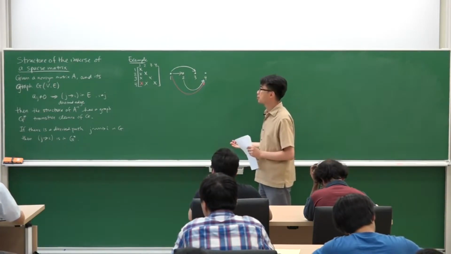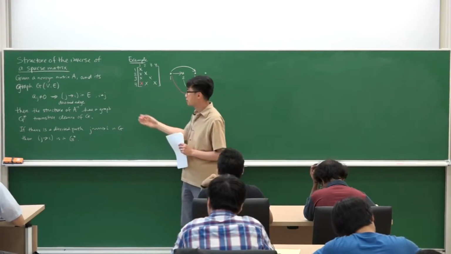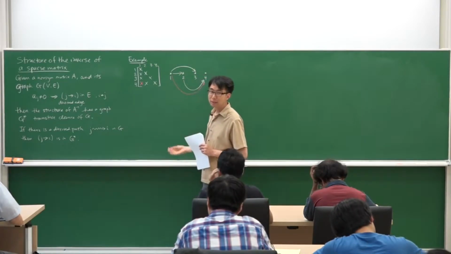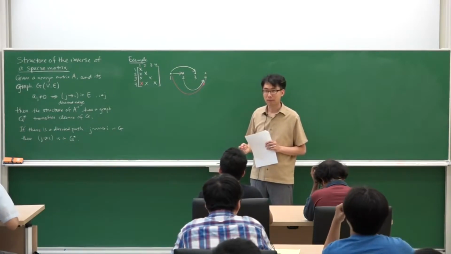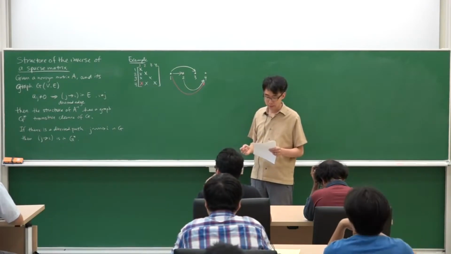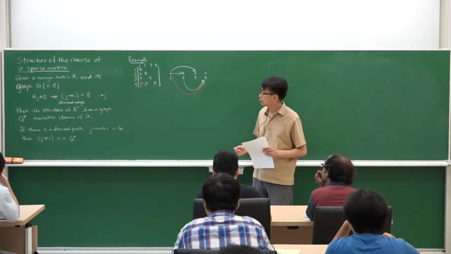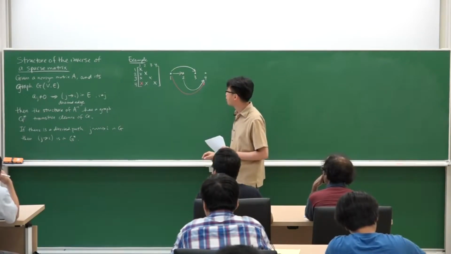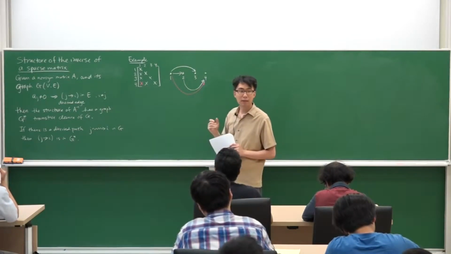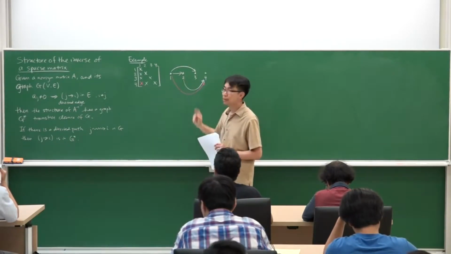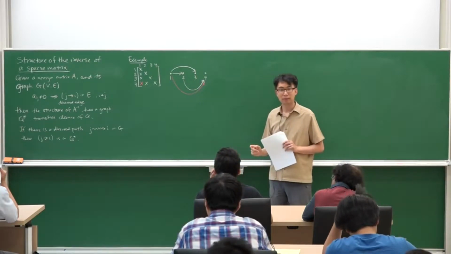And you can also see that this argument is consistent with the fact that the inverse of a triangular matrix is also triangular. Okay, that's because in a lower triangular matrix, all of the arrows point from a low number to a high number, right?